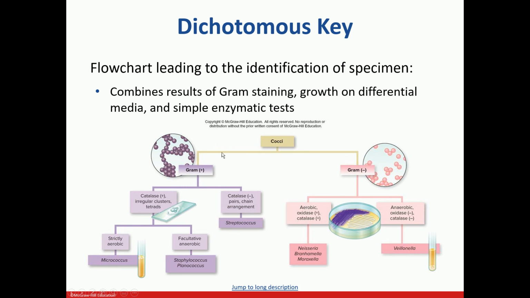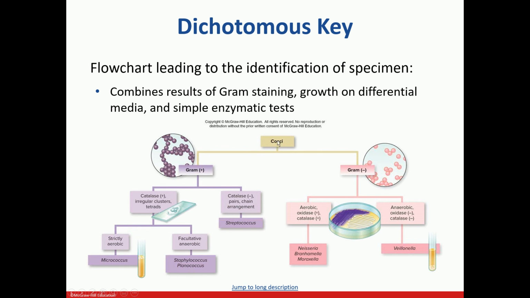If they are aerobic, you can see how the scheme is going. First of all, they are cocci, then gram positive, then catalase positive, and clustered in these clusters. And if they are aerobic, then we can identify them as micrococcus.